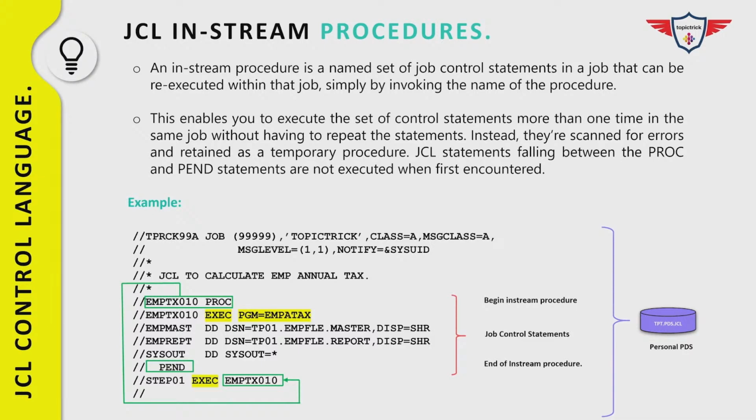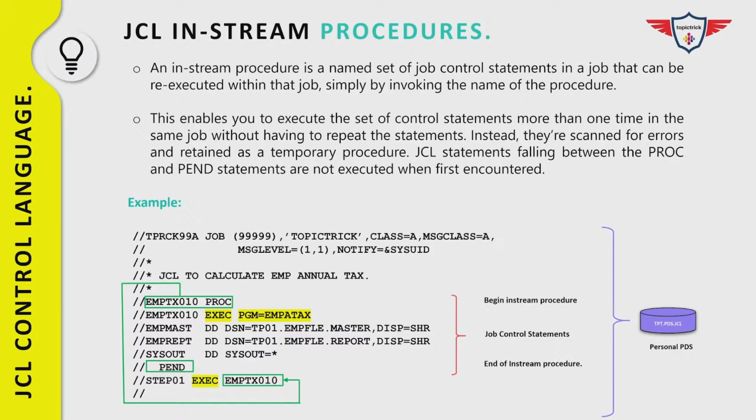Then you have 3 DD statements, 2 for datasets and 1 for sysout, just to print the messages on the spool. And then you have a PEND statement, which actually marks the end of the in-stream proc. However, it is optional, but it is always recommended that you use a PEND statement so that you can clearly make out that this is the in-stream proc.